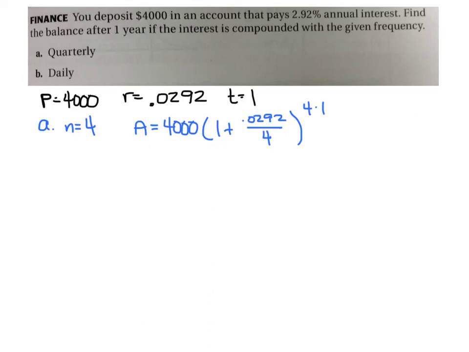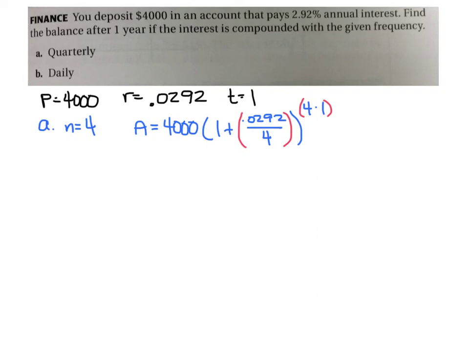Now, what the formula doesn't show you that I think you should include is an extra set of parentheses here and a set of parentheses there, even though 4 times 1 in this case is just 4. That way you know to do this first, 0.0292 divided by 4, then add 1, and then before you multiply it by 4,000, remember that you have to do exponents first. So whatever this all is, raised to the 4th power, times 4,000 will give me the amount after 1 year.